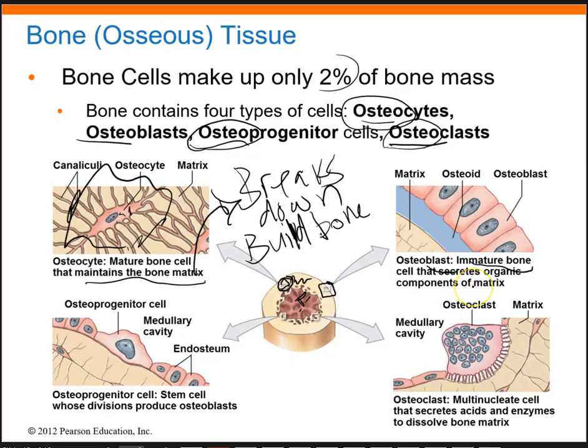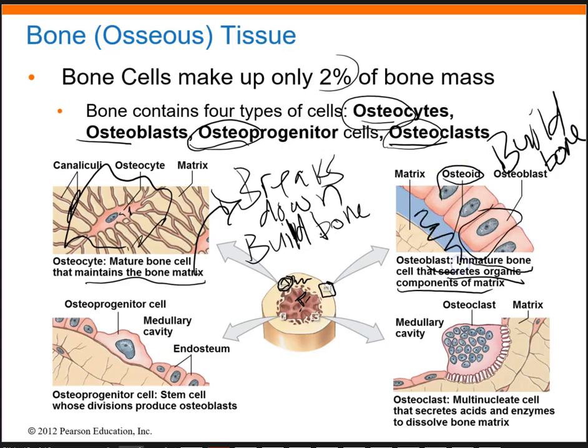What osteoblasts do is they secrete the bone matrix. So you can think of blasts as building bone. So this osteoblast here, you can see it's building. Osteoid is the name of the stuff that it makes. It's laying down this osteoid, and then that's going to get packed with calcium and become bone.